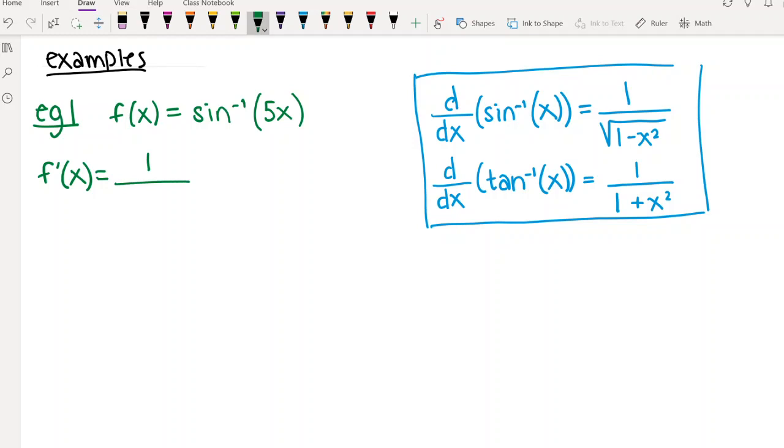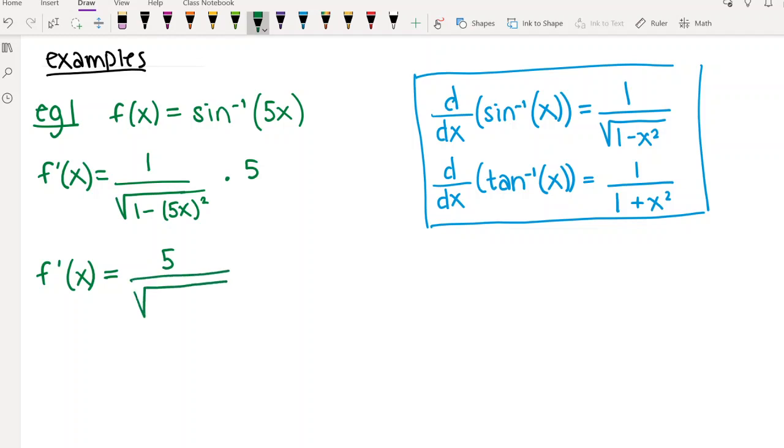So we have 1 over the square root of 1 minus 5x squared. That's the outside part of the derivative. And then we need to multiply by the inside part, which is the derivative of 5x, which is 5. So that gives us f prime of x equals 5 over the square root of 1 minus 25x squared.